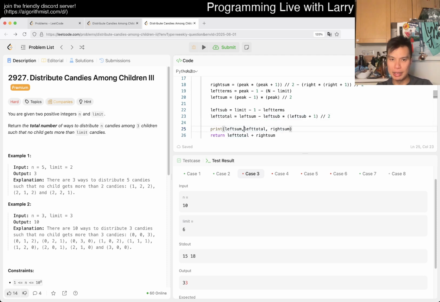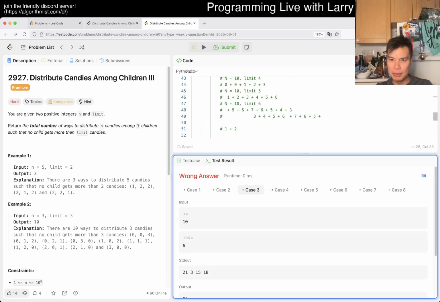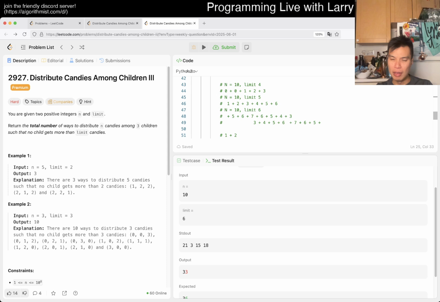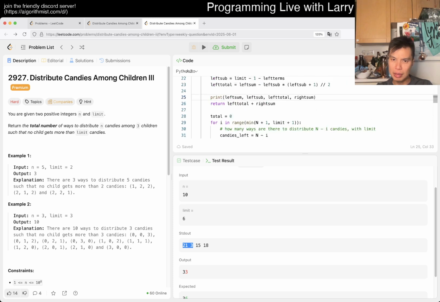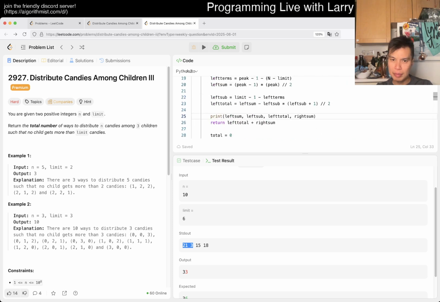Let's break it down a little bit. So this should be the sum all the way to 6. So left sum should be 1 plus 2. So 6 times 7 is 21. Okay. So that's 18. Did I do the math wrong? Left sum, left sub, left total.